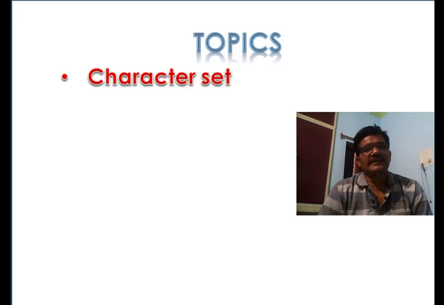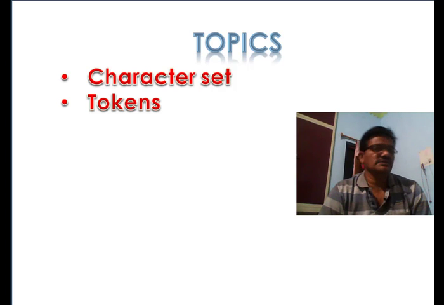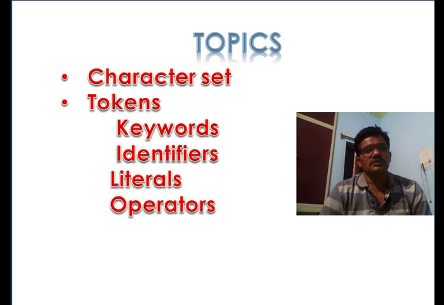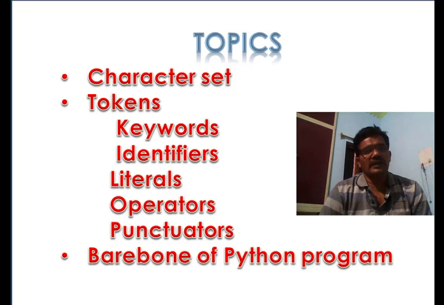First is the character set used in the Python language, then tokens used in Python, and under tokens there are some more subtopics like keywords, identifiers, literals, operators, punctuators, and then last is the bare bones of a Python program. So all these topics are going to be covered in this video. So let's proceed.